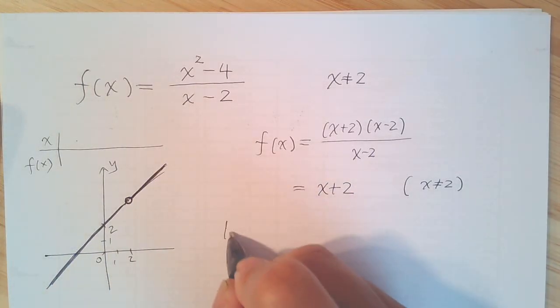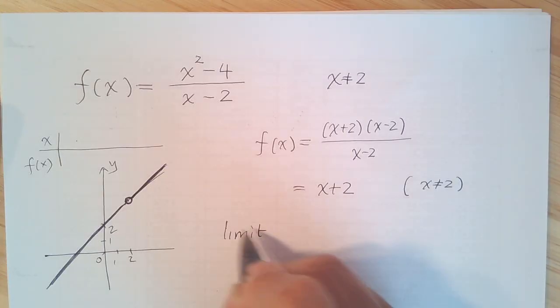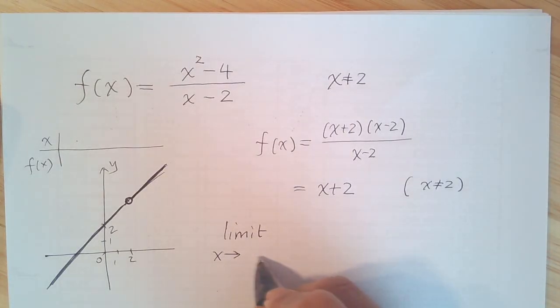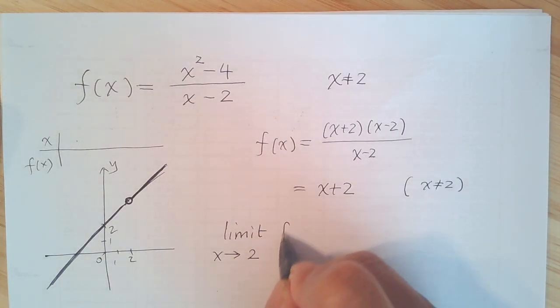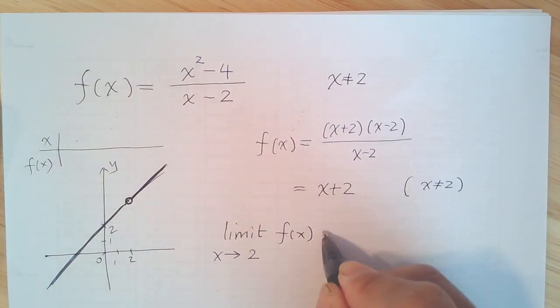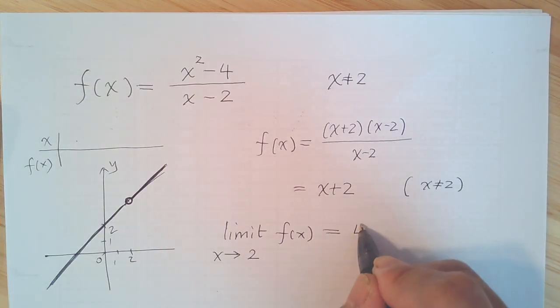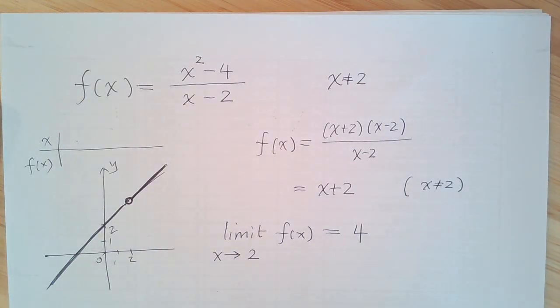Alright, now if I ask you to find the limit as x approaches 2 of f of x, the answer is 4. Alright, so that is the three easy beginning parts of the limit.